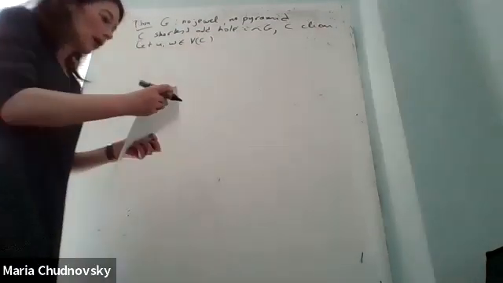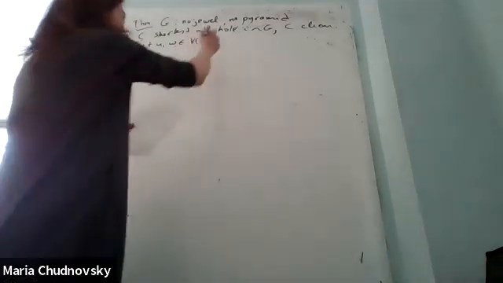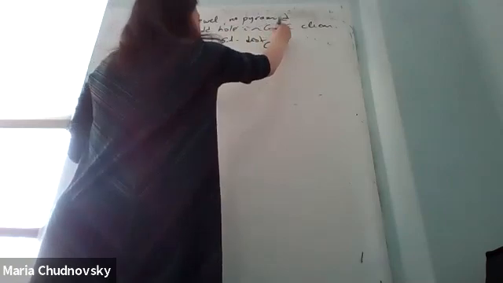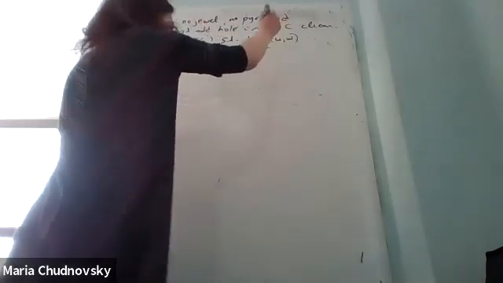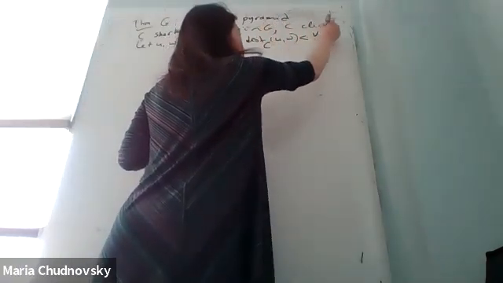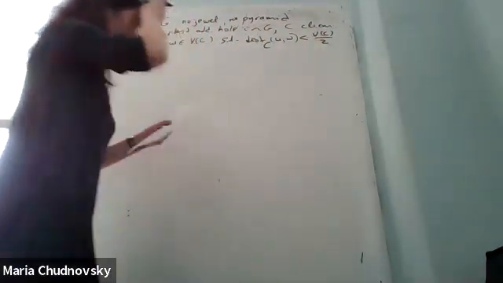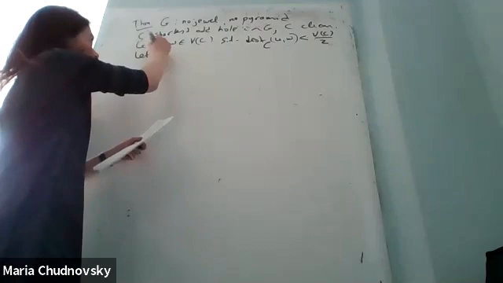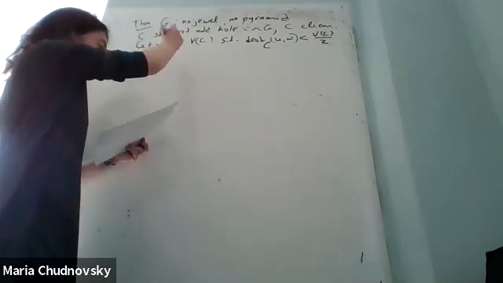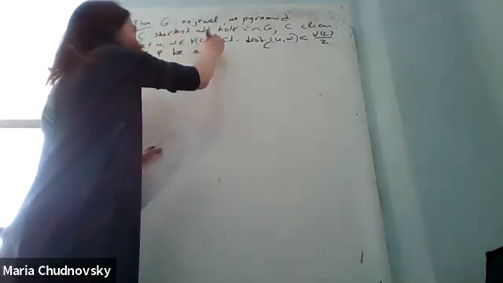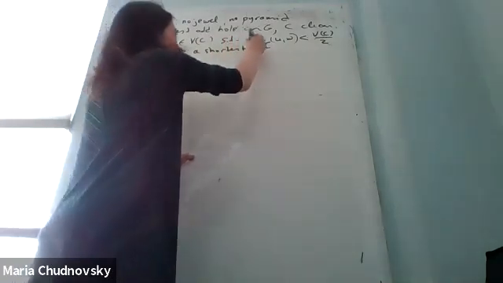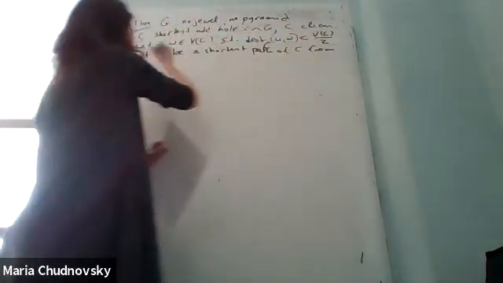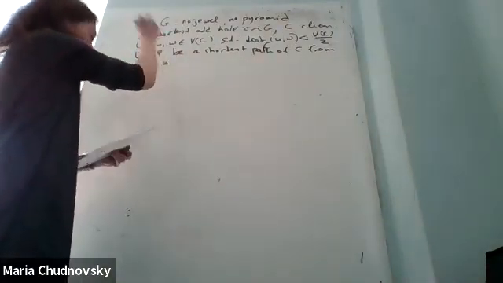That's such that the distance in C between U and W is less than half the length of C over 2. Let P be a shortest path of C from U to W.